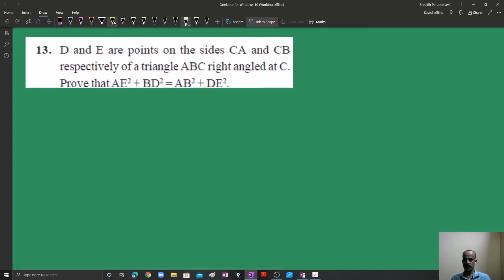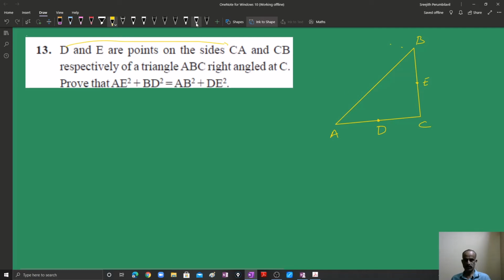So there is a right angle triangle, right angle at C. So C, A, B. D is the midpoint of CA, and E is the midpoint of CB.